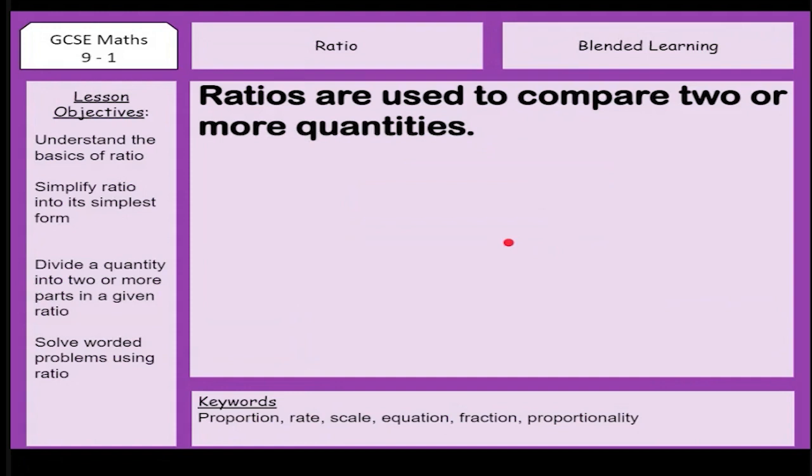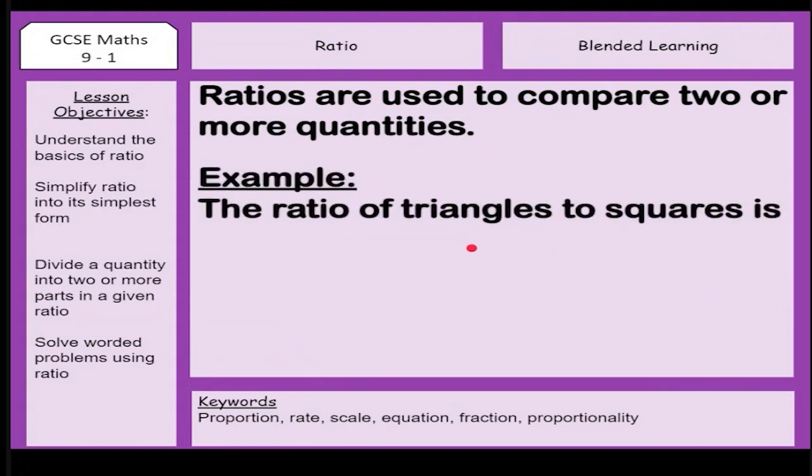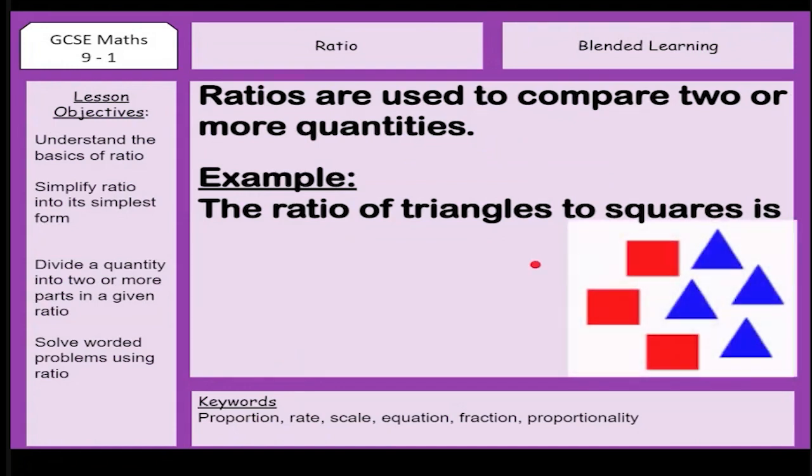So what is ratio? Well, ratios are used to compare 2 or more quantities. When we talk about ratios, we're talking about parts. For an example, the ratio of triangles to squares is. Now, you may have been told at school it's the smallest number first.